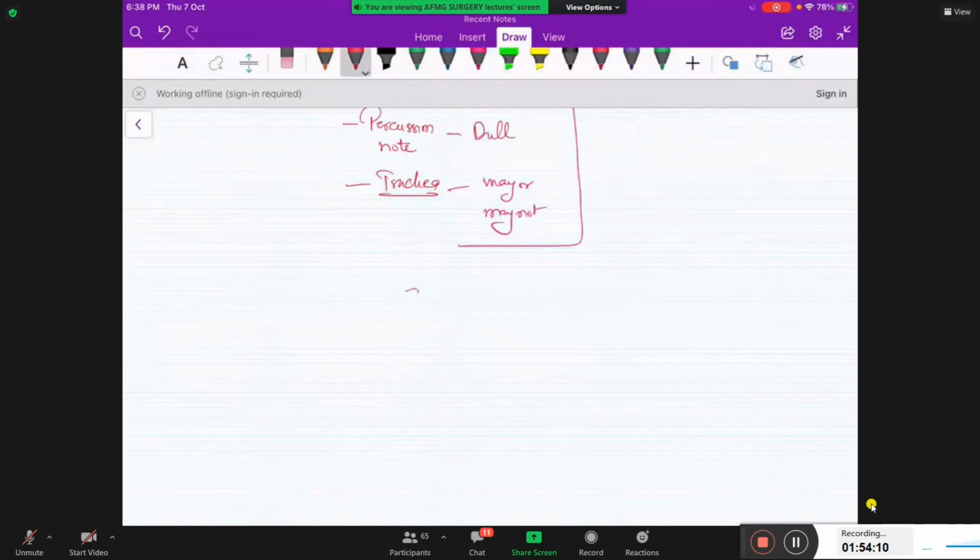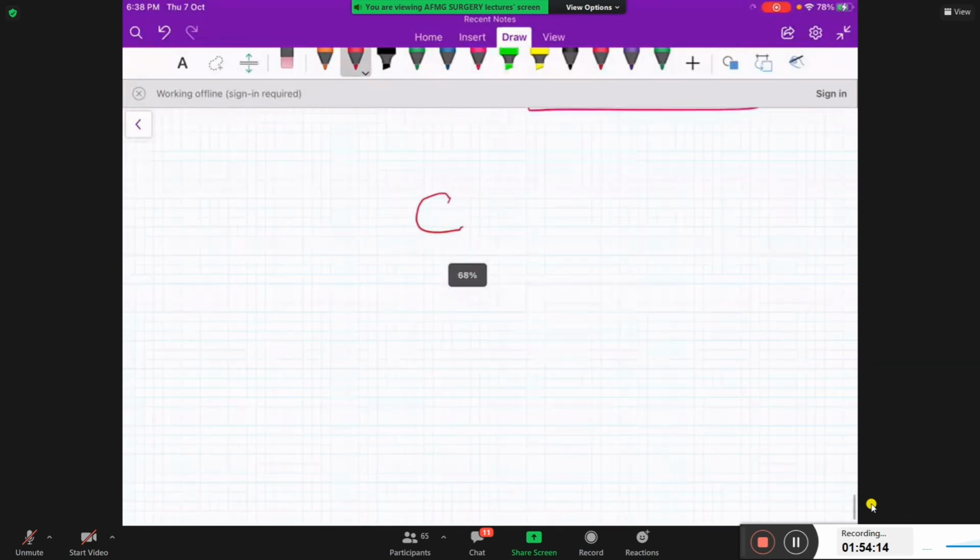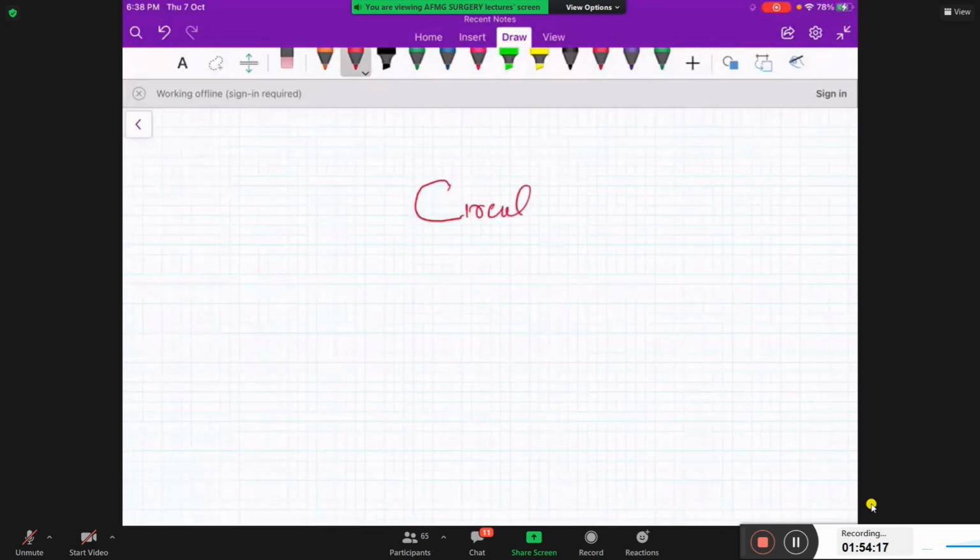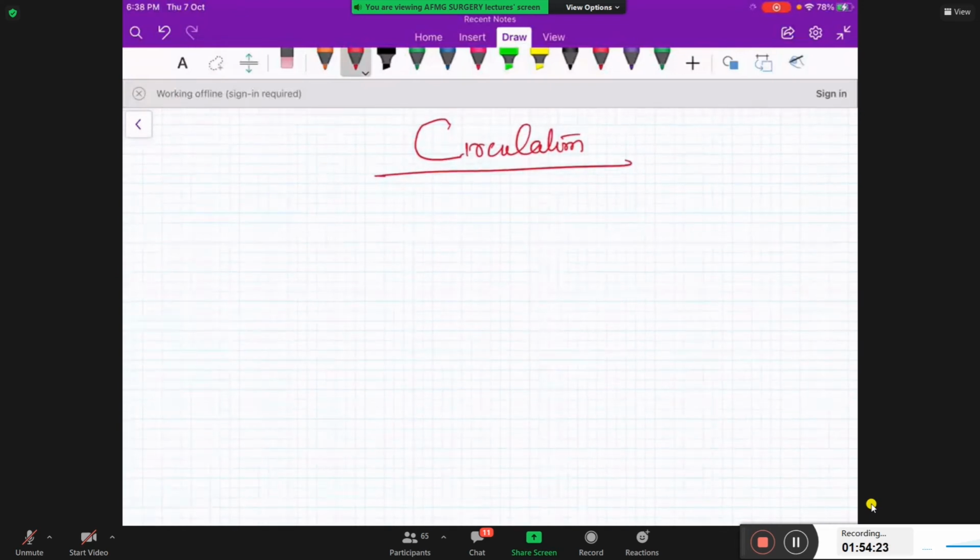We will then come to C. So now we have to take care of the C, circulation. Now, in circulation, first of all, let me tell you the theoretical points in this, and then I'll make you understand it.